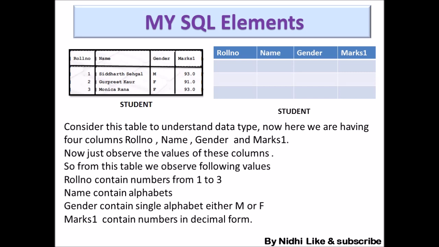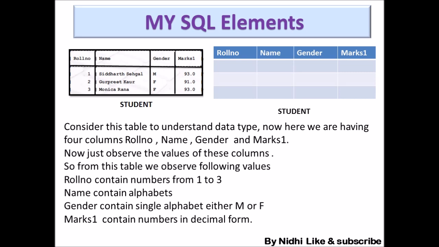On the basis of this table, just observe the values these columns are holding. Roll number is holding numbers in the form of integers, that is 1, 2, 3. The name column contains names in the form of alphabets, like Siddharth Sehgal, Gurpreet Kaur, Monica.